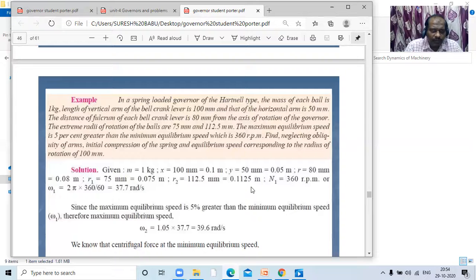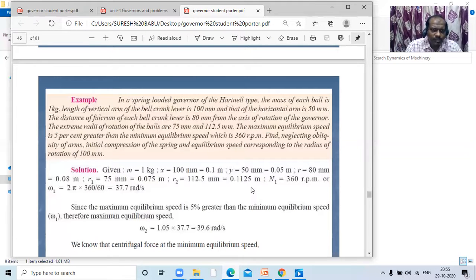For a Hartnell governor, x is going to be the horizontal distance and y is going to be the vertical distance. It is given that the vertical arm of the bell crank lever is 100 mm. That is the vertical distance mentioned here.